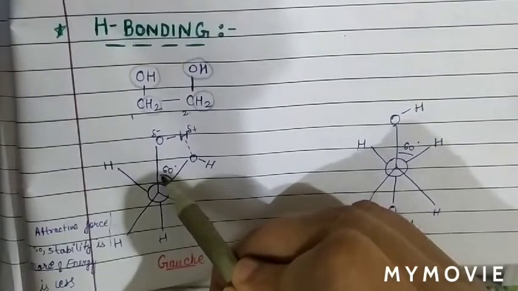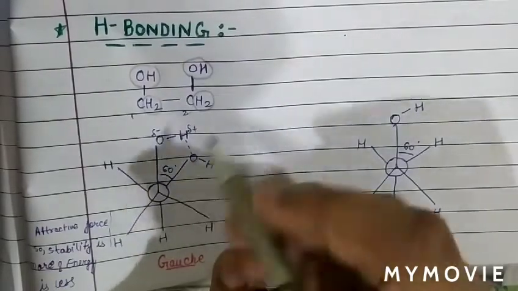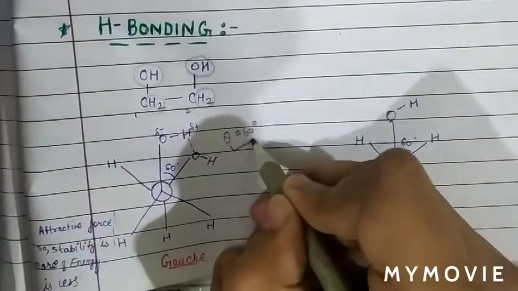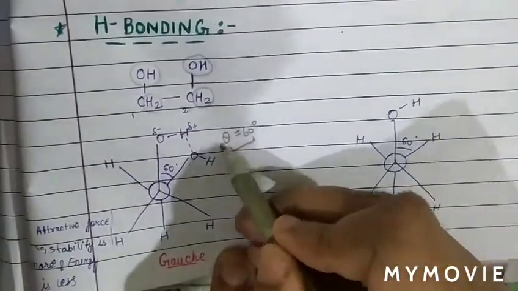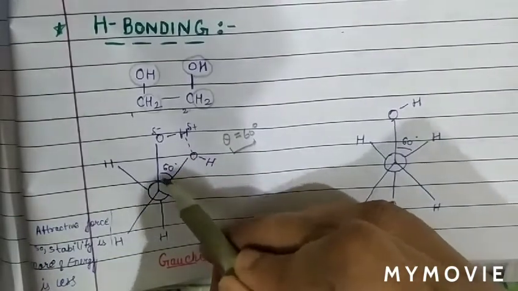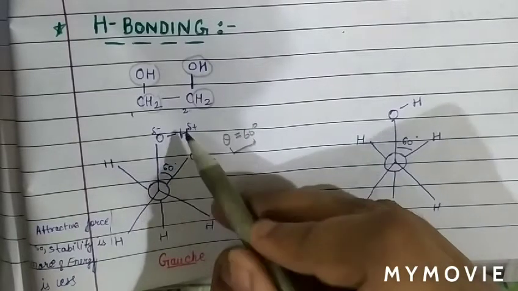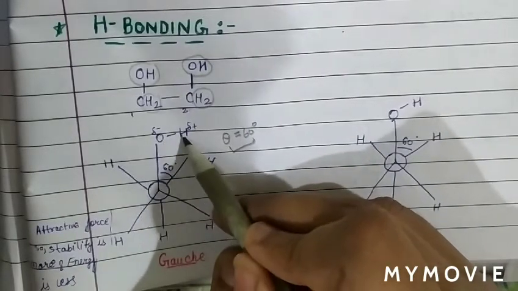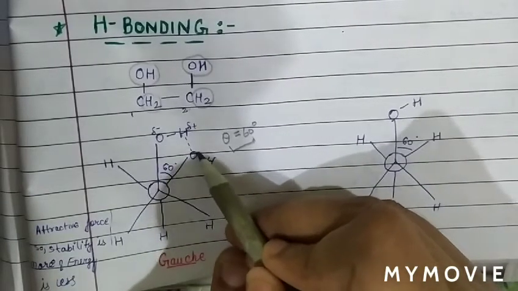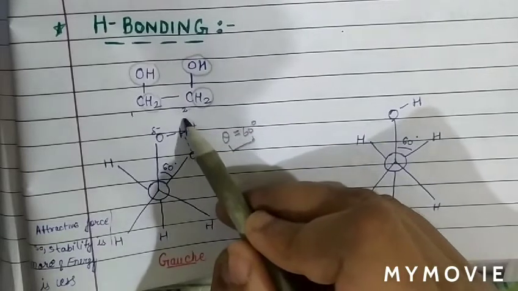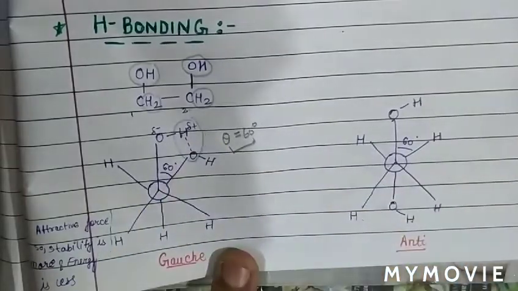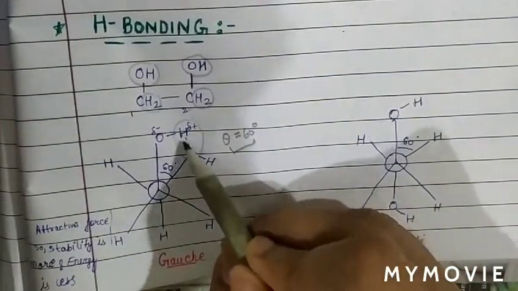So when theta is 60 degrees between the front carbon projected bond and the rear carbon projected bond, because hydrogen is connected with the more electronegative atom oxygen, and there is a lone pair of electrons on the oxygen atom, there is hydrogen bonding, which we call intramolecular hydrogen bonding, because the hydrogen bonding is formed within the same molecule.